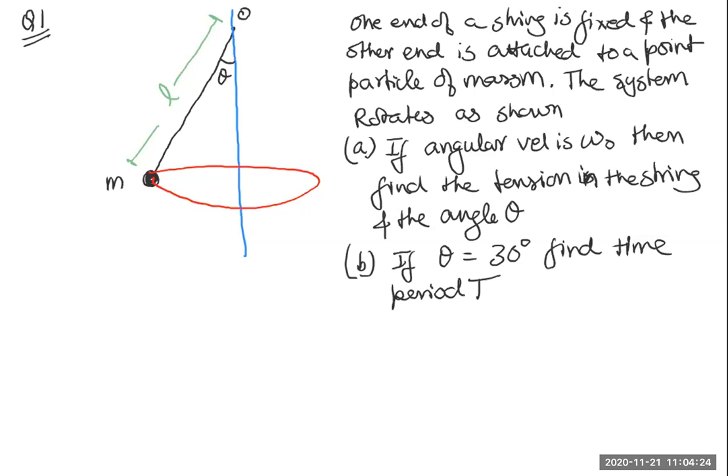Tangential किधर है और radial किधर है? Where is the radial axis? The radial axis is this one. Right, remember, the radial axis will pass through the center of the circle.